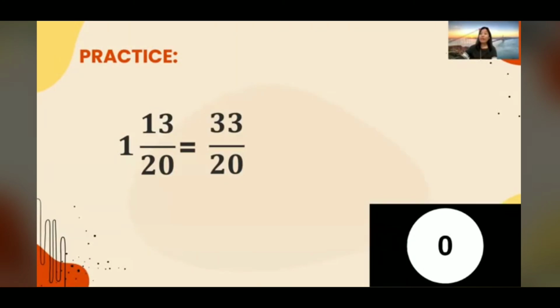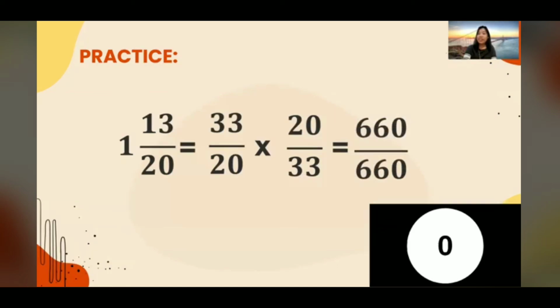The numerator will now be the denominator, and the denominator will now be the numerator. 20/33. So 33 times 20 is 660, and 20 times 33 is again 660. And dividing these two numbers, we'll get 1 as our final answer. So 20/33 is the reciprocal of 33/20.